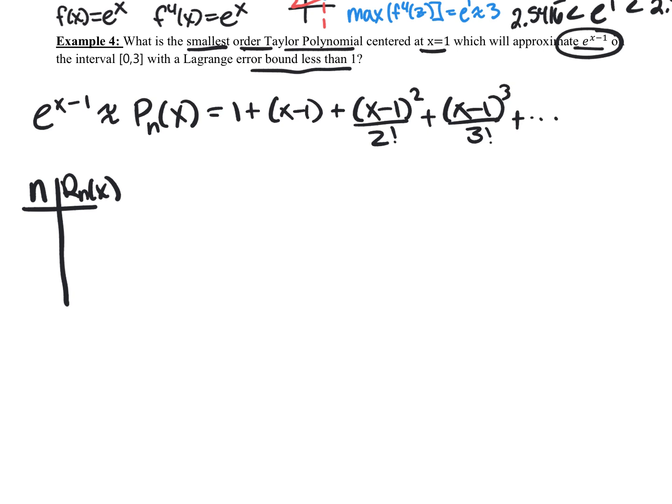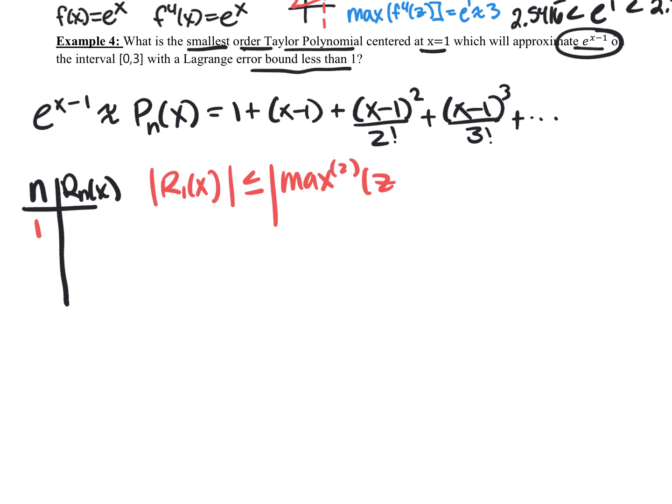So let's pick n equals 1 to start, and we're going to see what our error would be in that case. If we're trying to find the remainder for the first degree Taylor polynomial, that's going to be less than or equal to the maximum of the second derivative, because we're going to look at the next term, for some z.